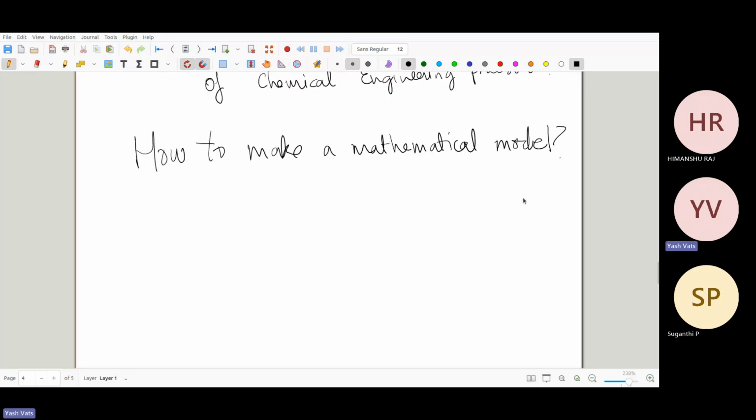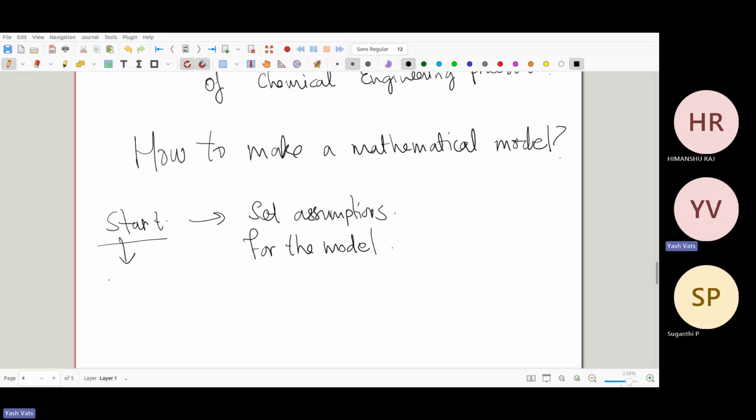So you have to start and set assumptions for the model. Start means you start with some kind of phenomena.